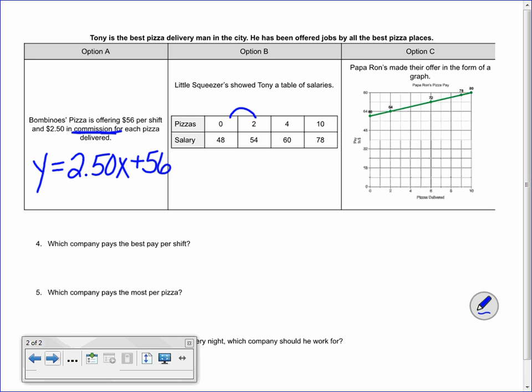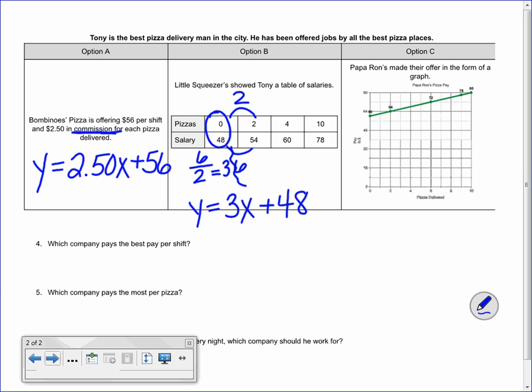I see my changes are 2 and 6. So salary over pizzas means we're getting 3, not 6, 3. So our rule would be 3 times however many pizzas, or commission, plus the $48 he gets in salary, because here's that initial amount he's going to get.